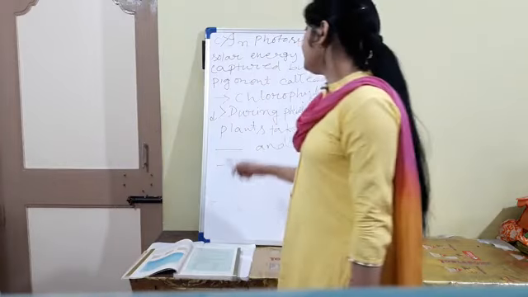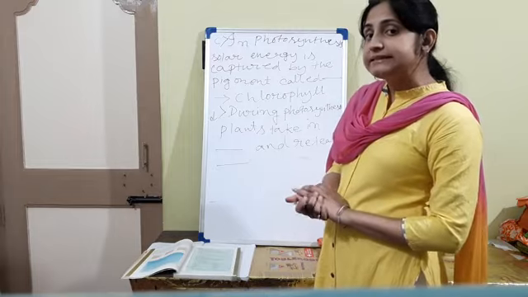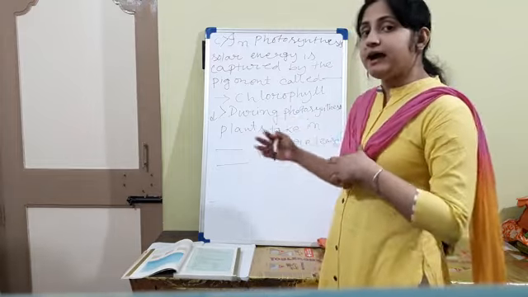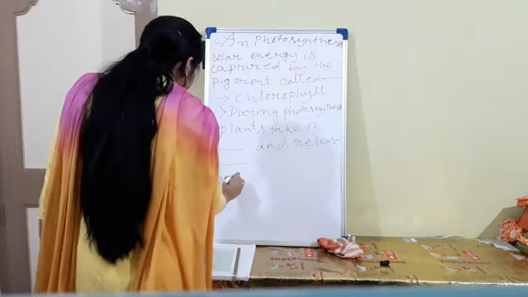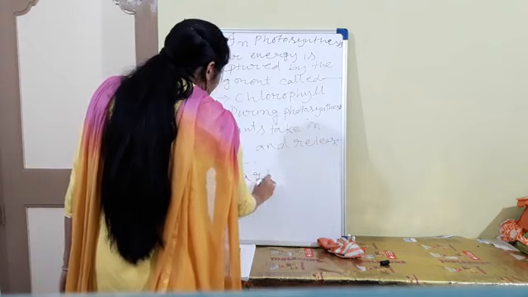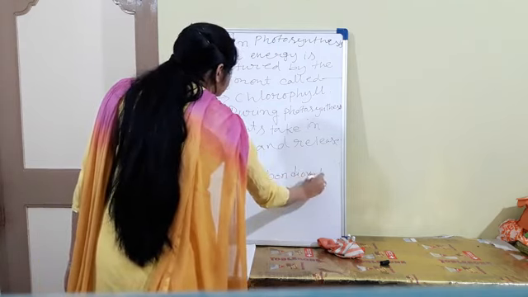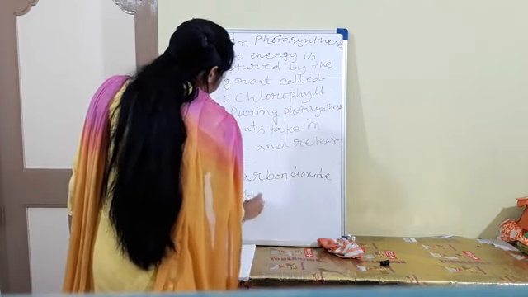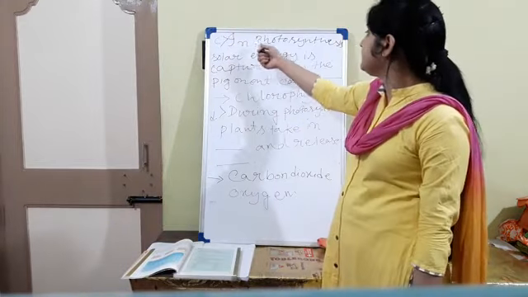Two gases: one they take to complete the photosynthesis, and after completion they release the other gas. So first one, obviously during photosynthesis they take carbon dioxide and after that release oxygen. Okay. So this is the answer of the other fill in the blanks.